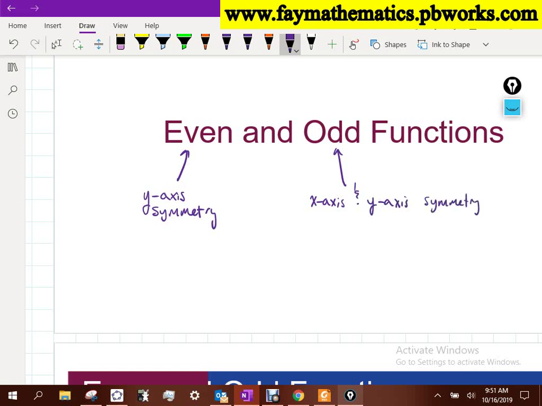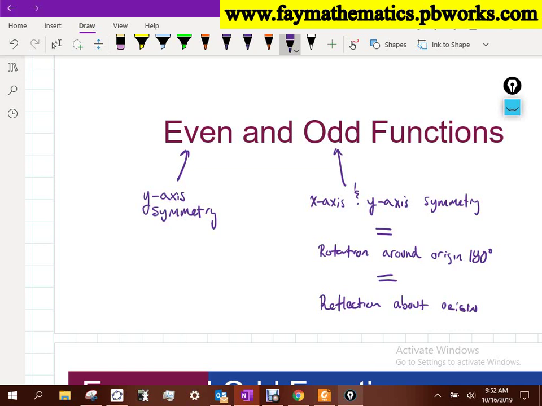Which, going back to geometry and kind of going off of what I just showed you, is equivalent to rotation around the origin 180 degrees, which is equivalent to a reflection about the origin. Okay. Those are all saying the same thing.